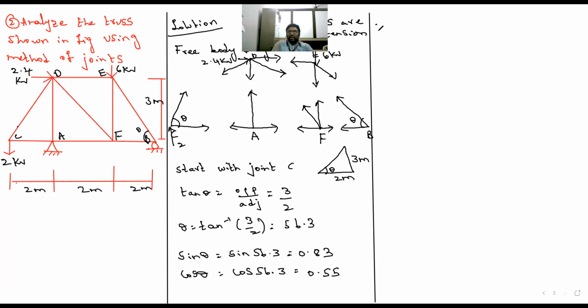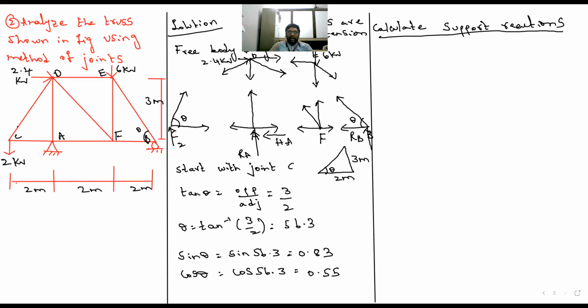So calculate support reactions. We are following exact steps only. First step, free body diagram. Second step, geometric properties and where to start the joint. Third step is calculation of reactions. Now at the pinned connection, we have HA and RA. And at B, roller, we have RB.